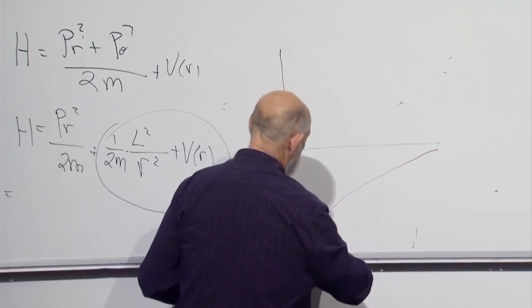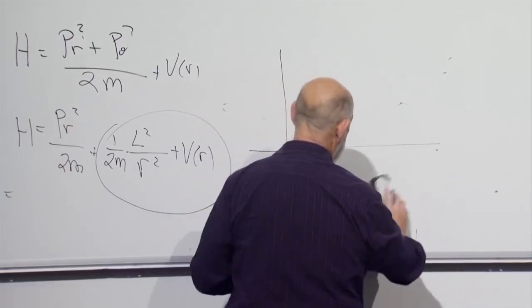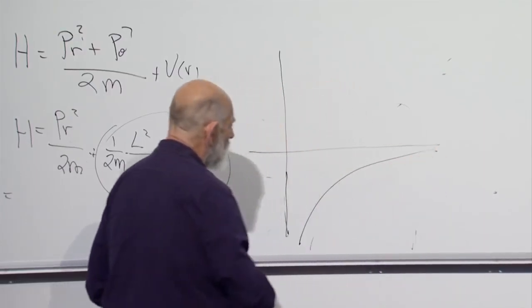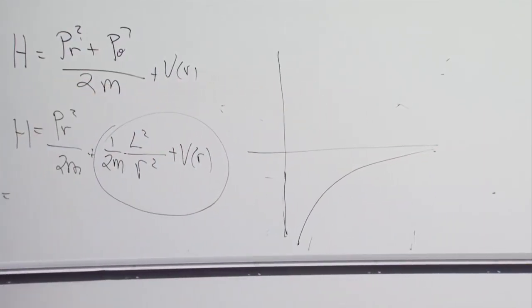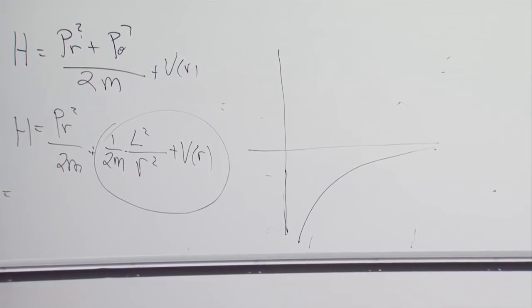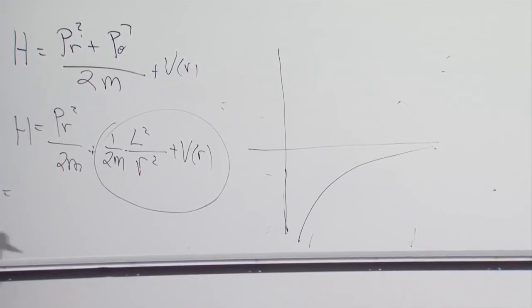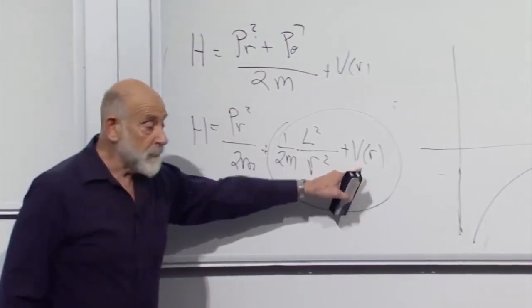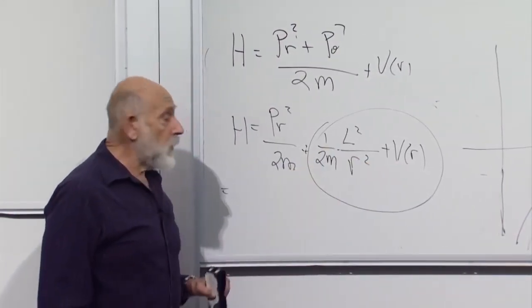Then V of r would look something like that. Well, let's do it a little better. V of r would be negative because it's attraction, and it would be 1 over r, so it would look something like this. Now, that's V of r. What about L squared over r squared?